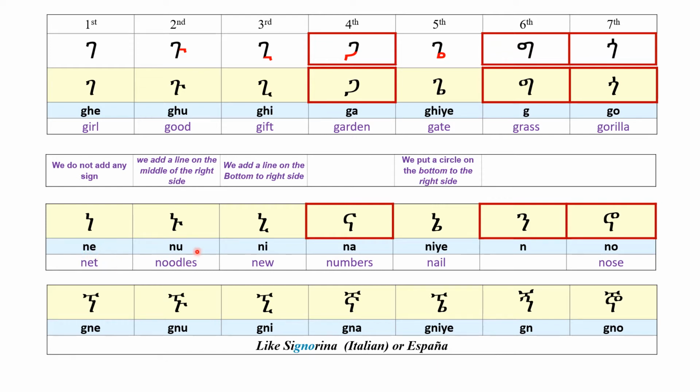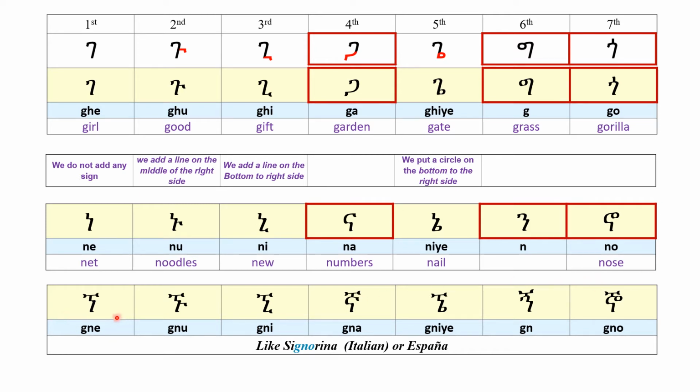Ne, nu, ni, na, ne, ne, no. The pronunciation in English: ne like net, nu like noodles, ni like new, na like numbers, ne like nail, and no like nose.